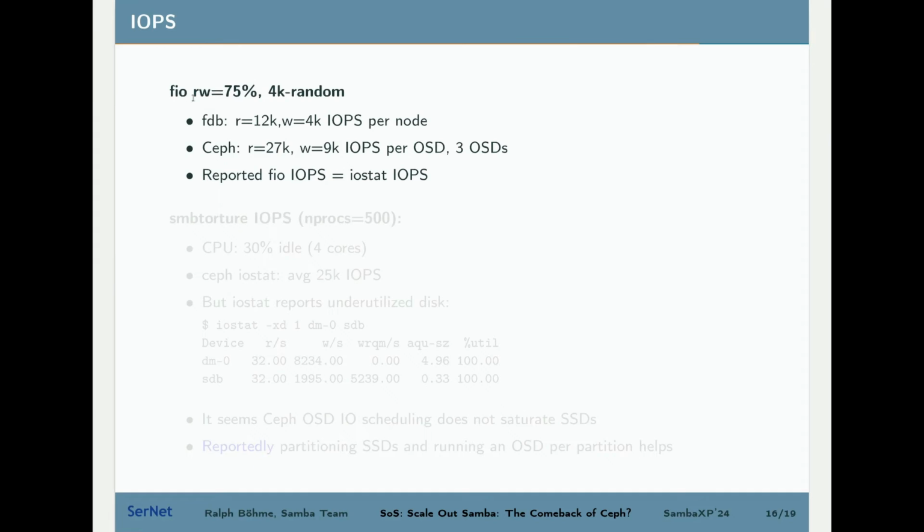So using FIO with 4K IO size, random reads and writes to a big file with a read-write skew of 75% reads, which is just a random value. I could have chosen 50 or 25. Maybe 50% would have made more sense, because that's probably what you're going to see with the database access pattern. But it's really not that important, because the main thing is basically this.